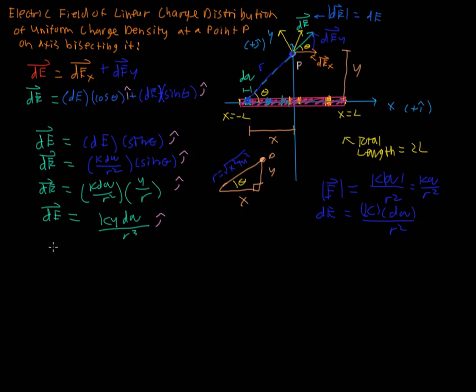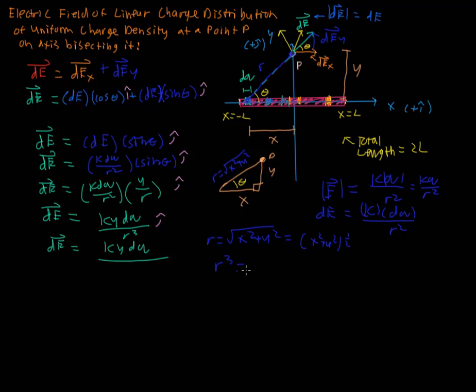Okay, and now we're going to sub in what we know r to be. So r equals the square root of x squared plus y squared, which is the same thing as writing x squared plus y squared to the 1/2, right?